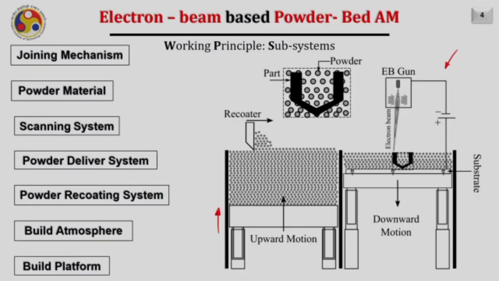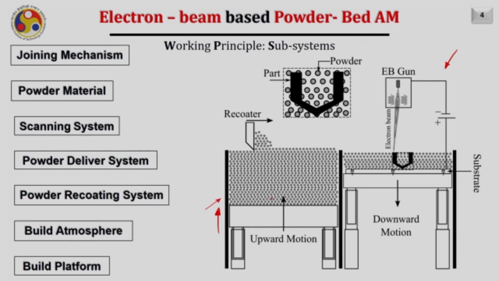Therefore, in this process we try to minimize the volume of the chamber so that the vacuum can be achieved quickly and the production time can be reduced. However, to keep our discussion along similar lines, I have made a bottom powder delivery system, which is shown here, but like I said, in typical EB based systems, a top feeding system is used.